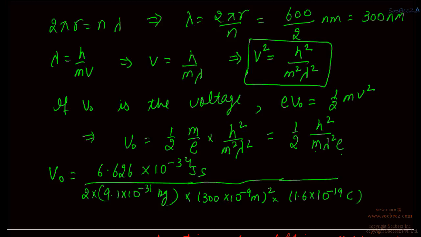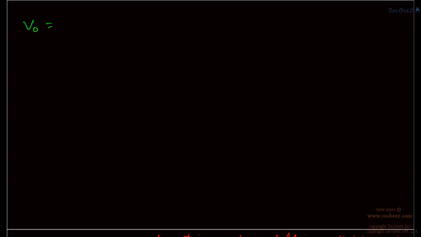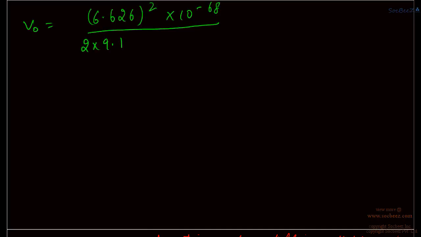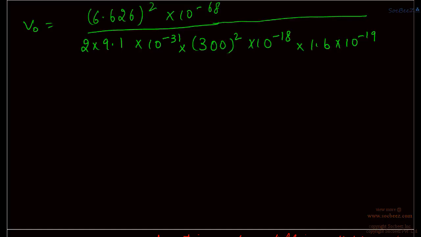In this case, if we simplify it, V naught equals 6.626 whole square into 10 raised to the power minus 68 divided by 2 into 9.1 into 10 raised to the power minus 31 into 300 square into 10 raised to the power minus 18 into 1.6 into 10 raised to the power minus 19.